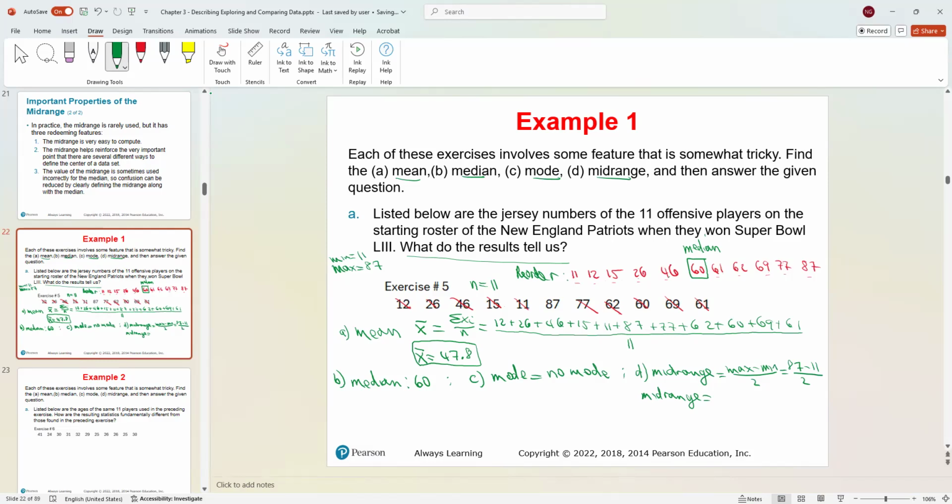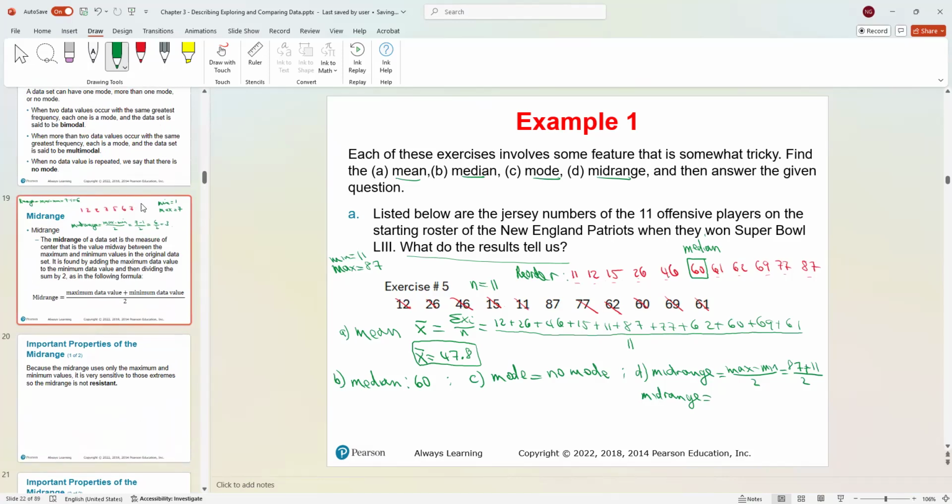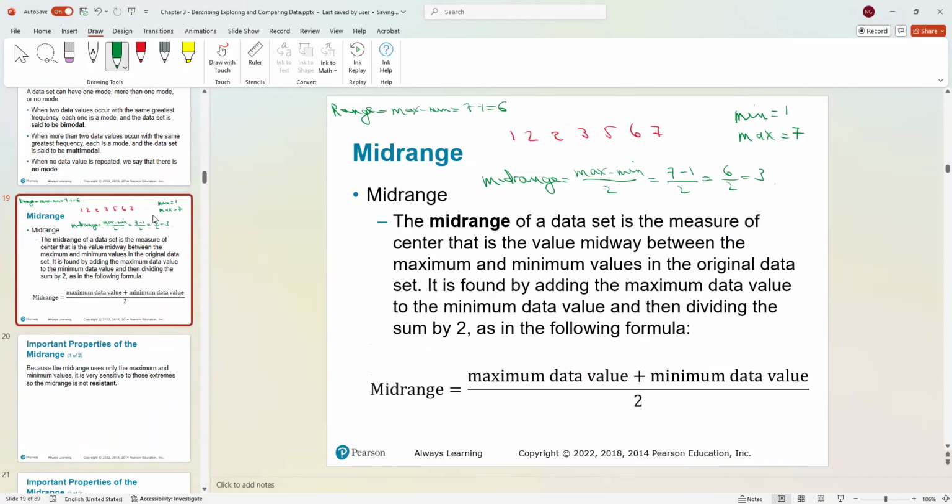So you would see that the mid-range, oh no, sorry, plus. Did I say minus? Because I believe the mid-range was a plus sign. I'm probably making a mistake in the previous section where I found the mid-range. I'm sorry for this, because my mid-range was going to be 8 over 2, which is 4. Okay, mid-range is a plus sign, not a minus sign.